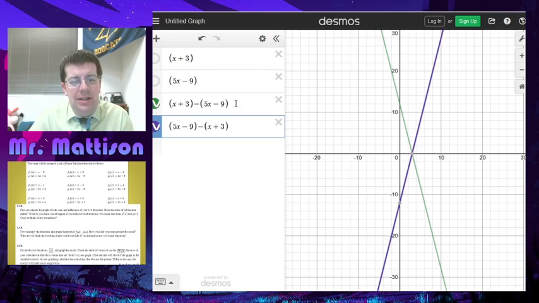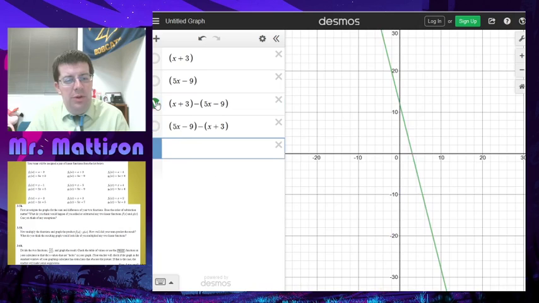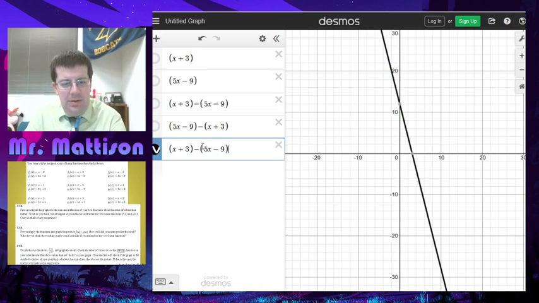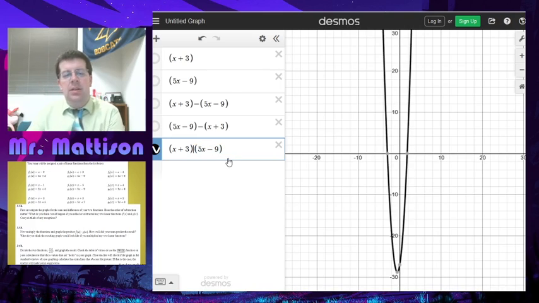Now, what if I change this and take a look at when I multiply them? So if I do these, and then as opposed to subtracting, I'm going to be multiplying them. I no longer get a line, right? And this should be fairly obvious. You should have been able to predict this because you've been doing this for quite some time. If I have a binomial times a binomial, you multiply those out with either the box method or FOIL, and you get a quadratic.